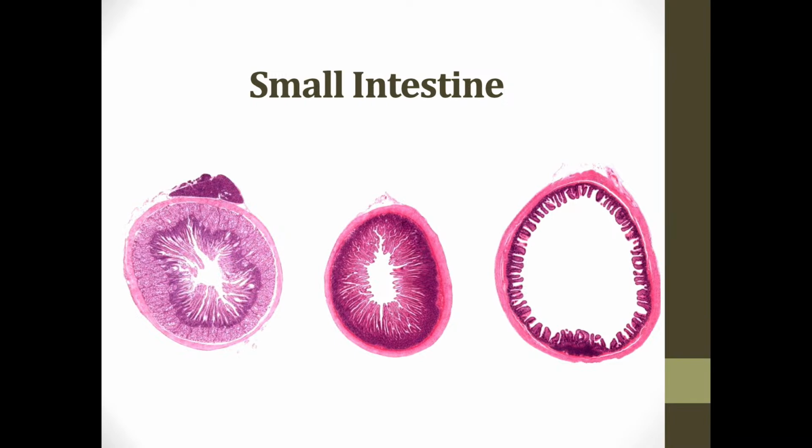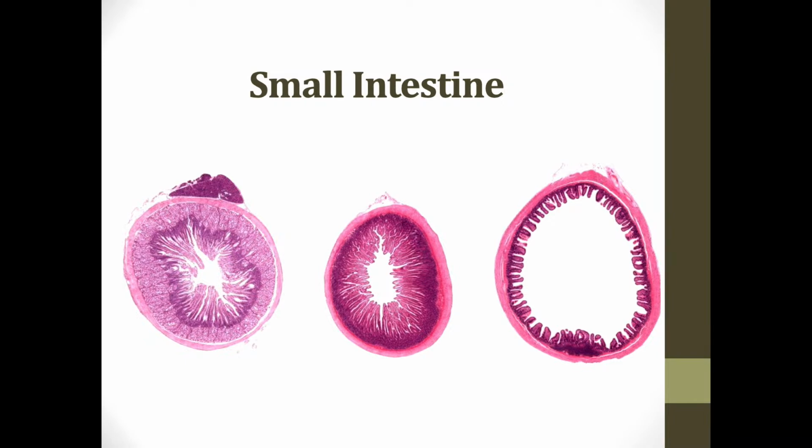Simple columnar epithelium, then the lamina propria and the muscularis mucosa. These sublayers of the mucosa are clearly shown in all these parts. Then submucosa, muscularis with two sublayers, the circular and longitudinal, and the outer is serosa.